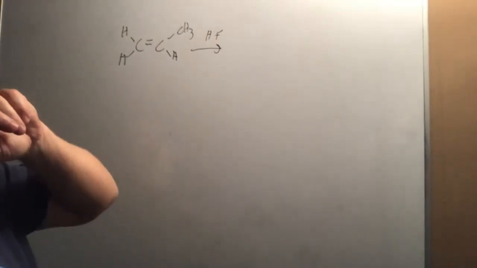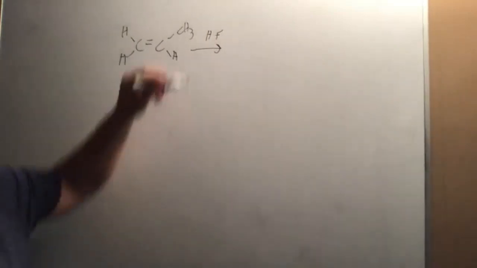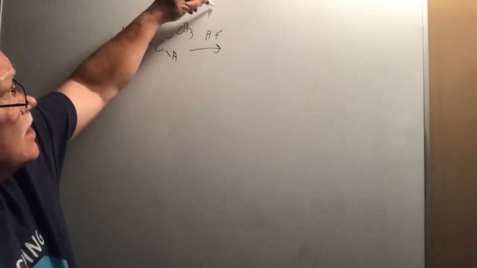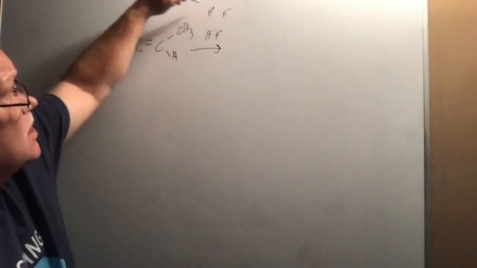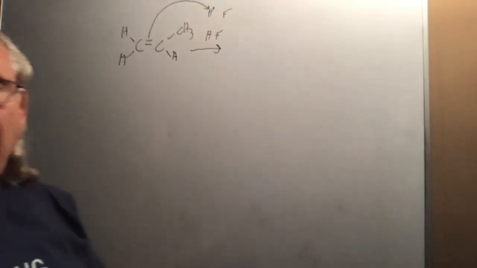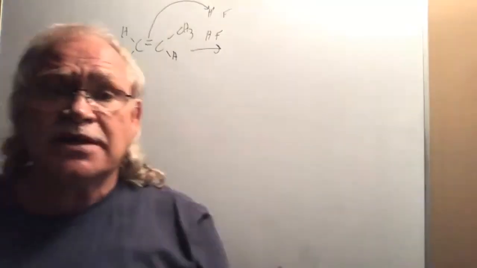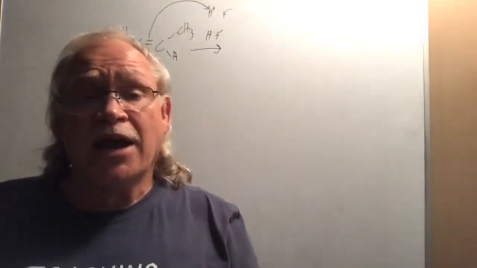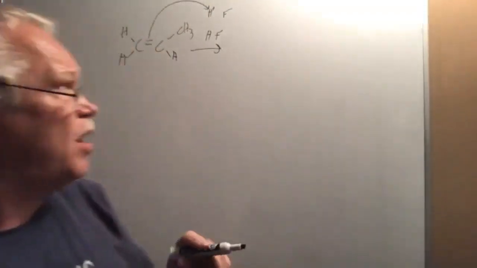We can think of the HF as being H plus and F minus. Notice this pair of electrons is going to come out and attach to the H. We saw this same type of reaction when we were doing additions across the double bond.